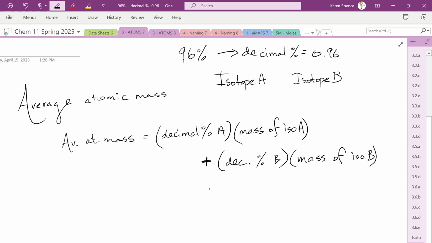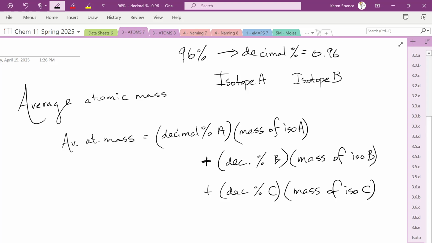And if we had a third isotope, we would take the decimal percent of isotope C and multiply by the mass of isotope C. Do we remember this? Is this ringing bells? Yeah? Okay.